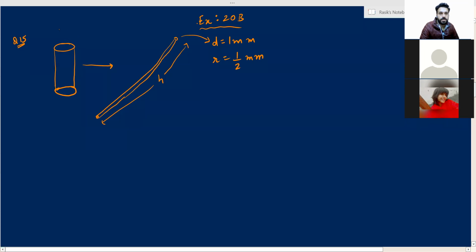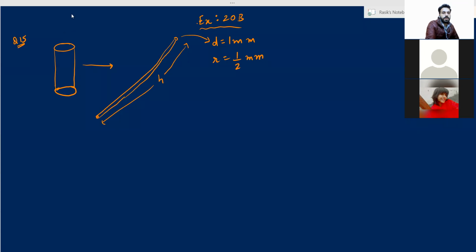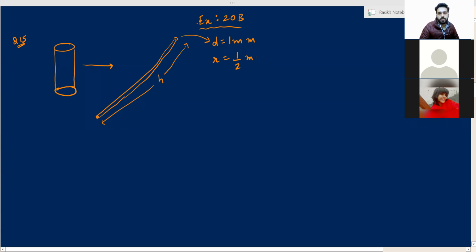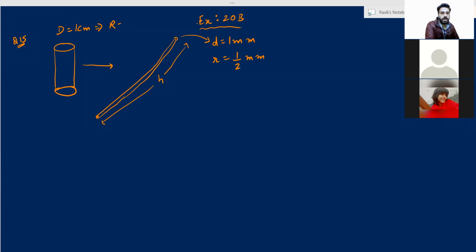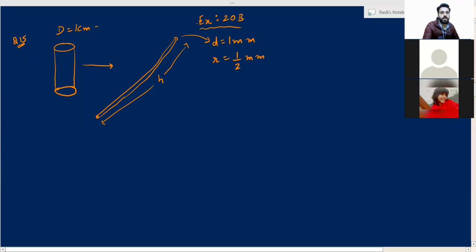And in this case, the diameter is, so let's put capital D here. The diameter of the original cylinder is 1 centimeter. That means the radius capital R is, now if you change 1 centimeter in millimeters, you get 10 millimeters.